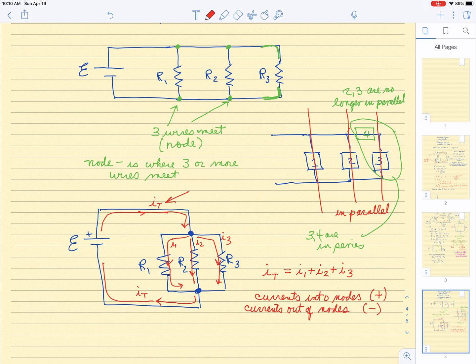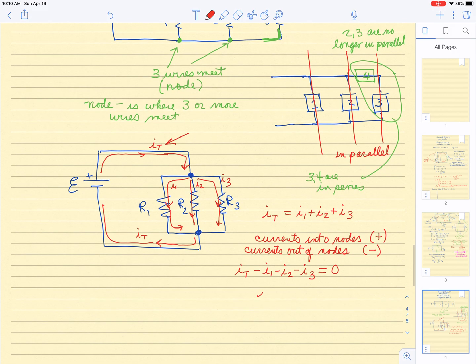So we could have very easily written the above equation as IT minus I1 minus I2 minus I3 is equal to 0, which again gives us IT is equal to I1 plus I2 plus I3.